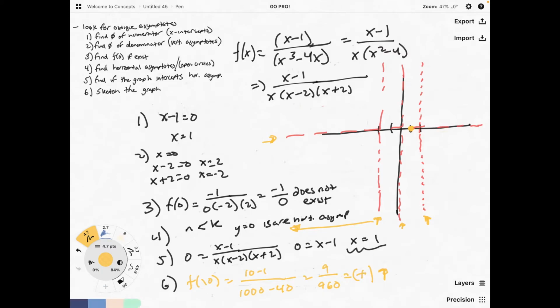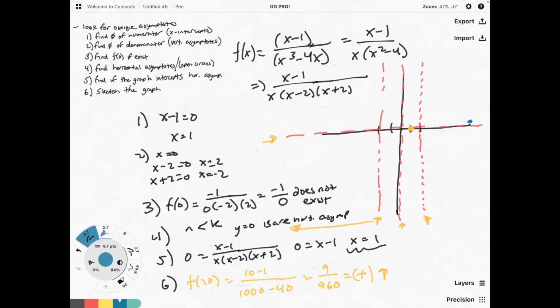Next, we also know that at that 10 value that we just found, it's really, really close to 0. So it's going to be somewhere down here in this area. And if we wanted to, again, solve for additional values, we can go a little bit closer. We know that this is 2.